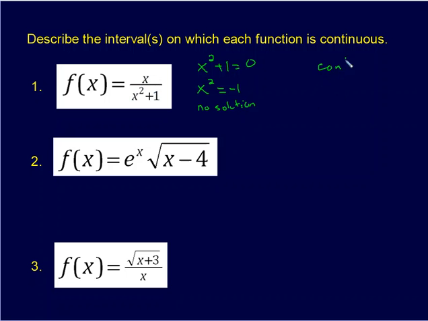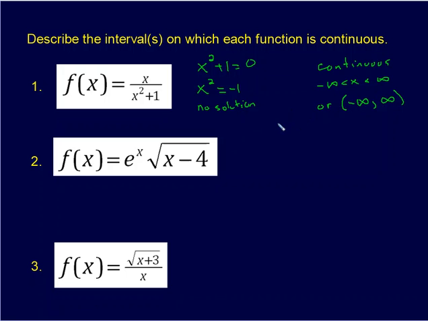So this is continuous. I like to use it as x is between -infinity and +infinity, or we could just use the interval notation and write it like this. Okay, so this one is continuous everywhere. It's continuous from -infinity to infinity.